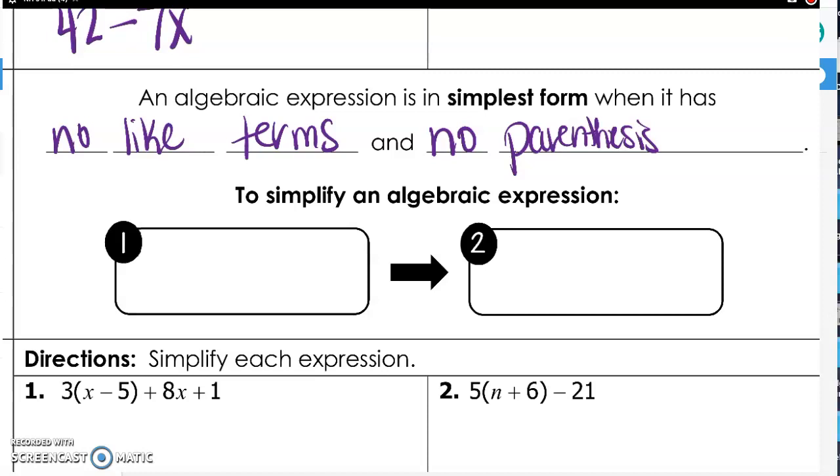When you simplify, you actually have to get rid of the parentheses first. And the way you do that is to distribute. So your first step is to distribute in order to get rid of the parentheses, and that means you multiply.